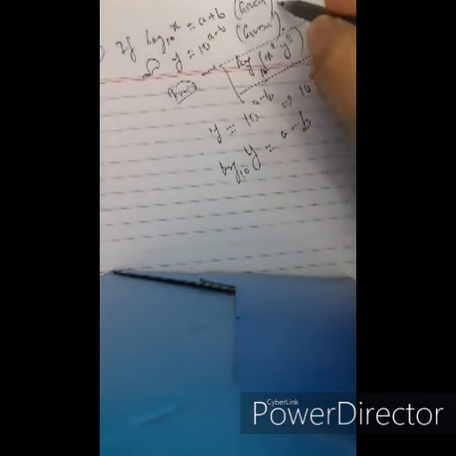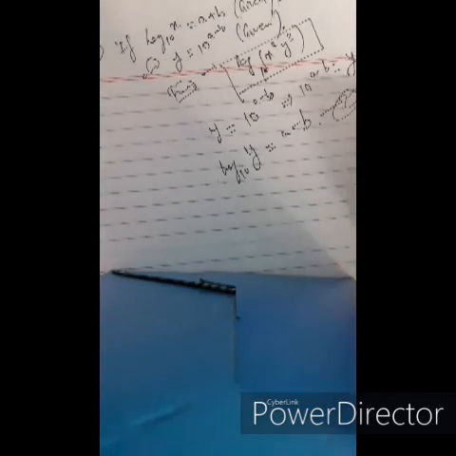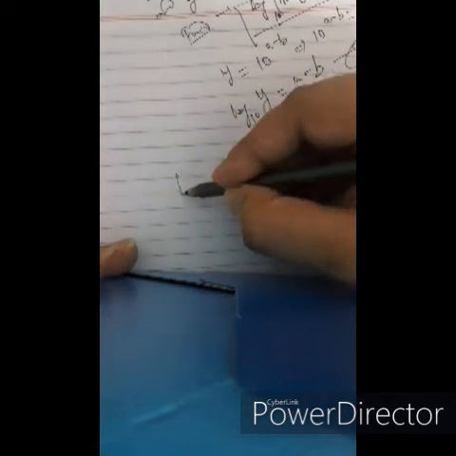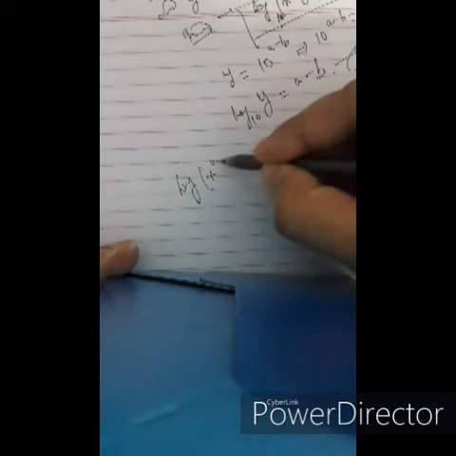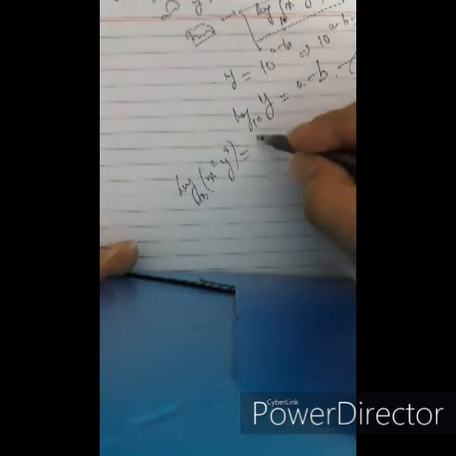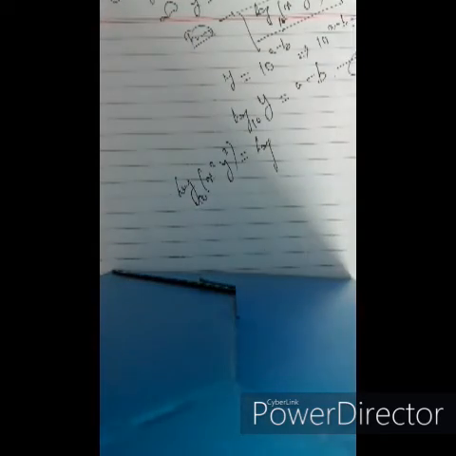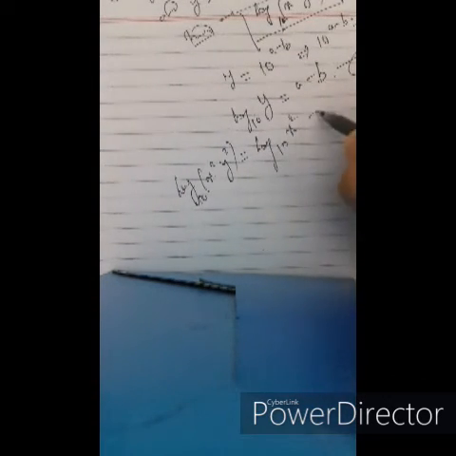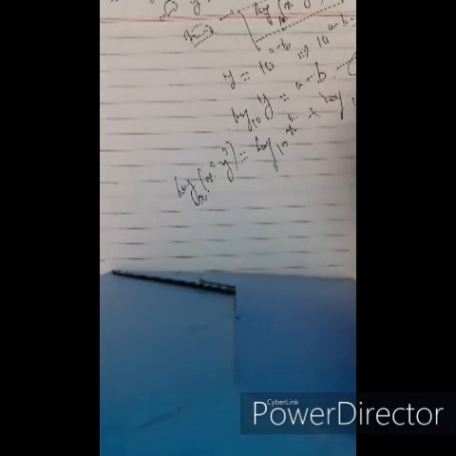Taking this as first equation, this is second equation. Now log x square y cube to the base 10 equals, we have to put that formula log m into n, log 10 x square plus log 10 y cube.